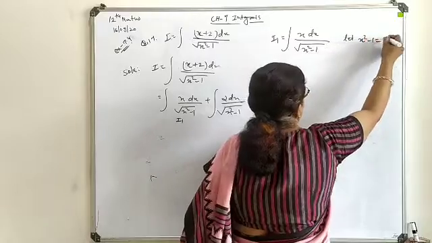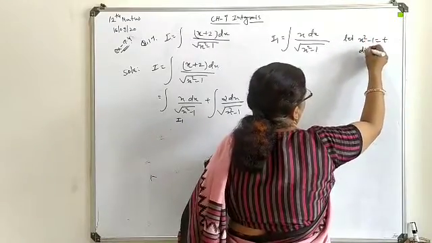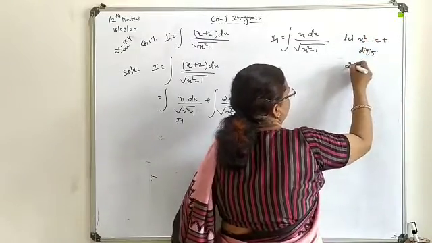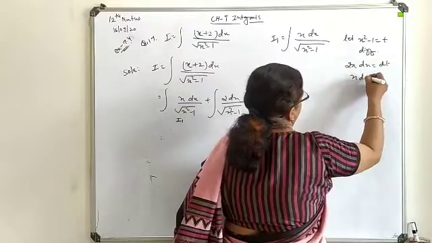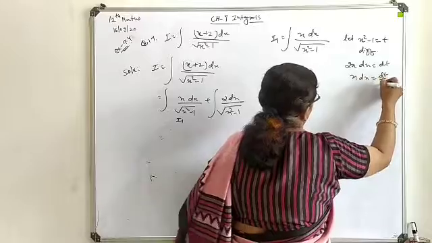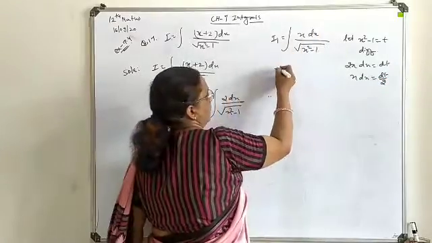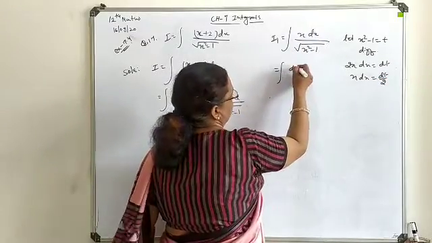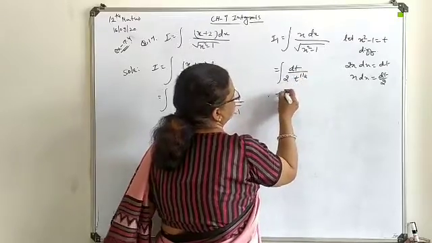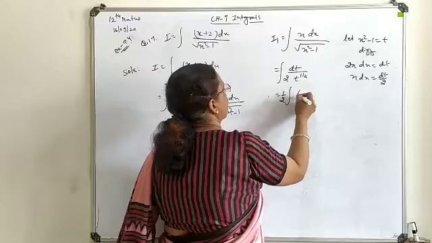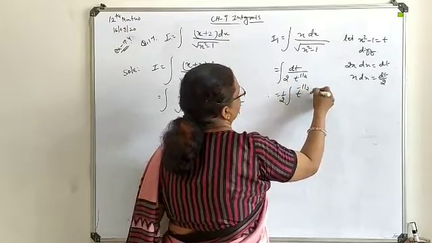x square minus 1 as t, and differentiate it. This is 2x dx as dt. So x dx is available, which is dt by 2. Convert the whole question in terms of t, as dt upon t power half. Now integrate it. As t power minus half, we have a term.